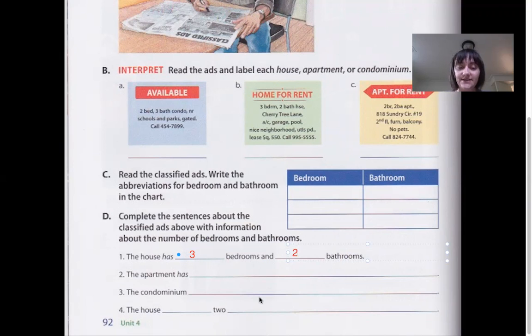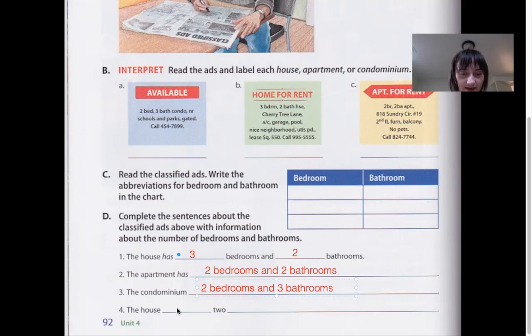The apartment has how many bedrooms and bathrooms? So the apartment, this one, has 2 bedrooms and 2 bathrooms. Okay, now let's look at the condominium. The condominium has 2 bedrooms and 3 bathrooms.